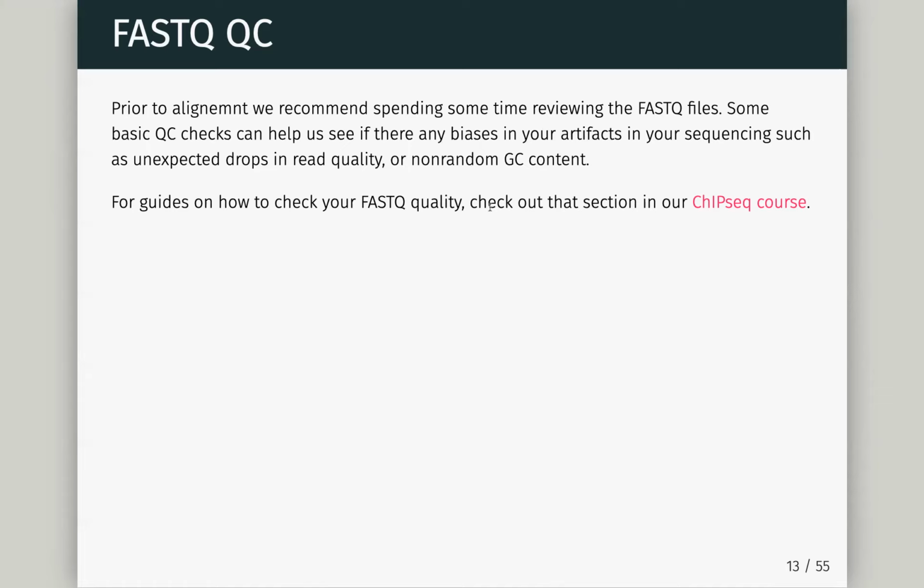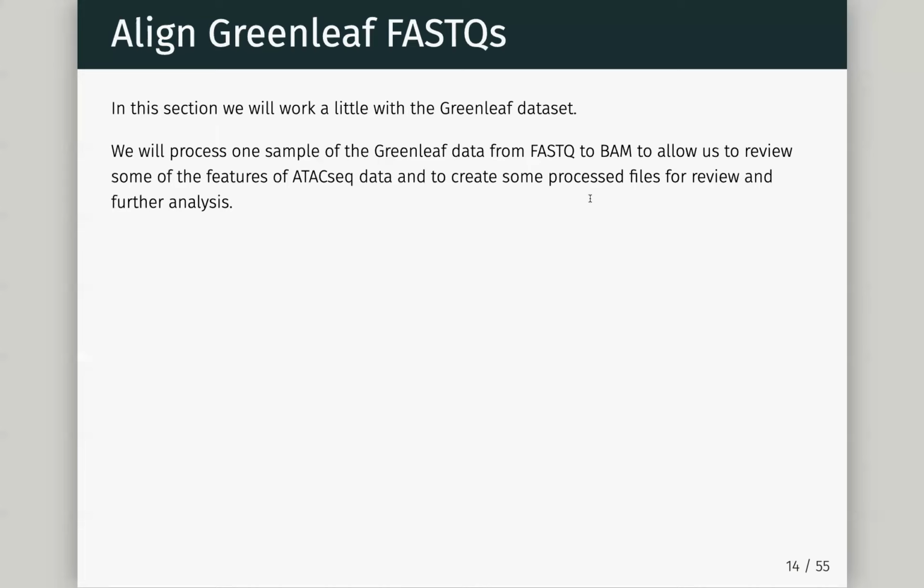So I thought I could save us some time, and we'll hold off and look at the FASTQ quality checks in our ChIP-seq. In reality, you can run FastQC, review those plots we talked about, and you'll be okay if nothing looks too strange. We're going to work with Greenleaf through this course because it's a really great example. We have his plots from his paper, so we can compare everything we do and make sure that we can recreate the original ATAC-seq.